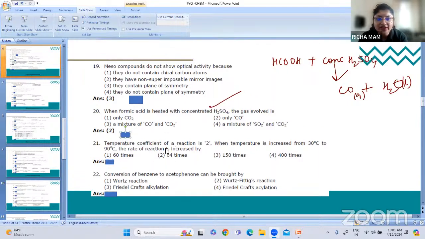Temperature coefficient of a reaction is 2. When temperature is increased from 30 degrees Celsius to 90 degrees Celsius, the rate of reaction is increased by. Vilinga Kani has answered it as 2. Madan has answered it as 2.